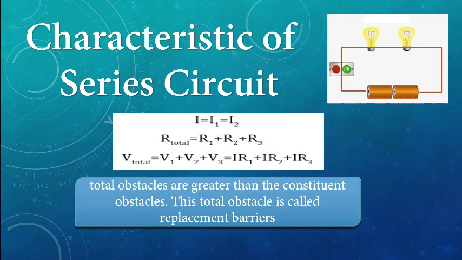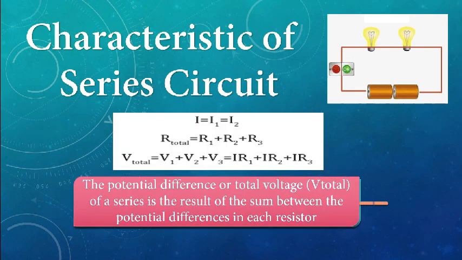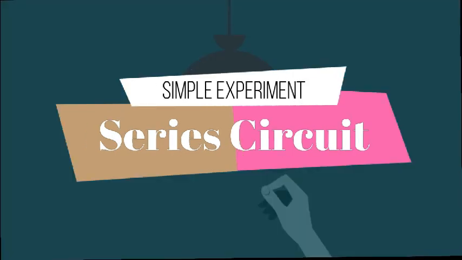And the second, the total obstacle is greater than the constituent obstacles. This total obstacle is called replacement barriers. And the third, the potential difference of series is the sum of the potential differences in each resistor.